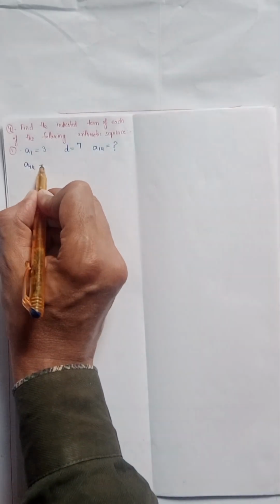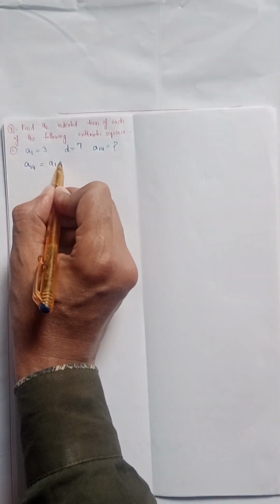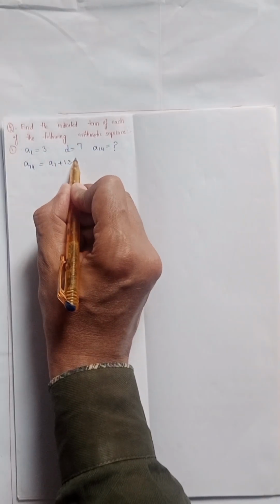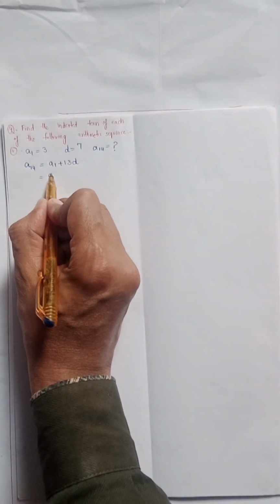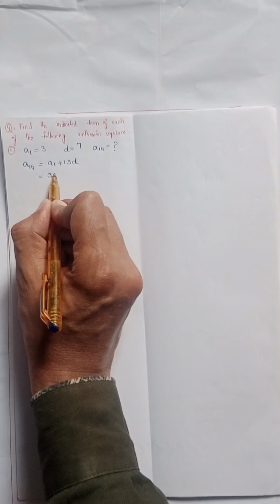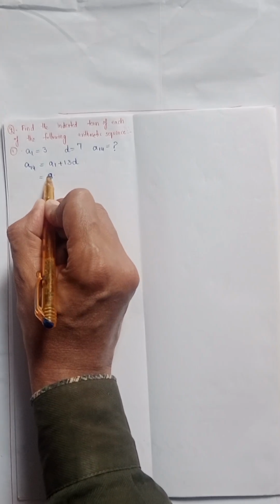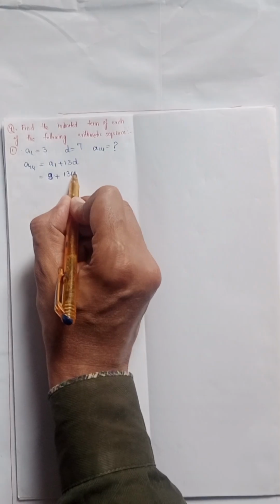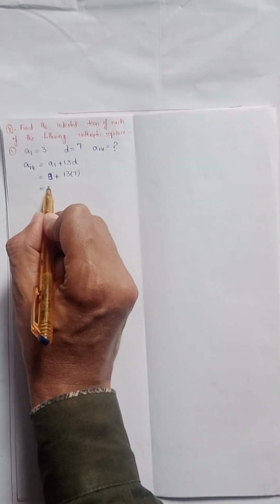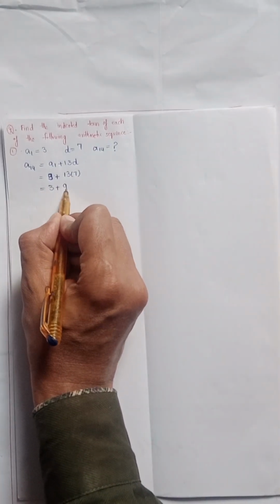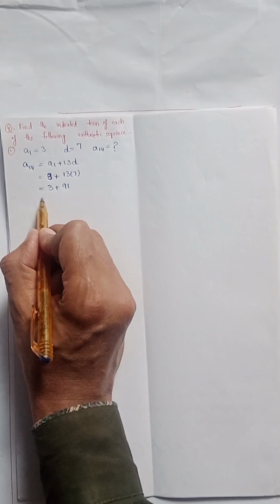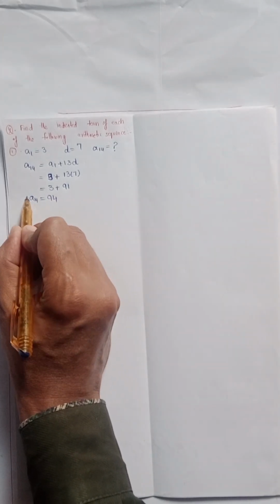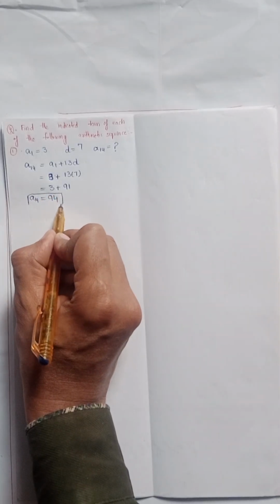So a14 equals a1 plus 13d, and a1 is 3 plus 13 into 7, 3 plus 91. A14 is 94.